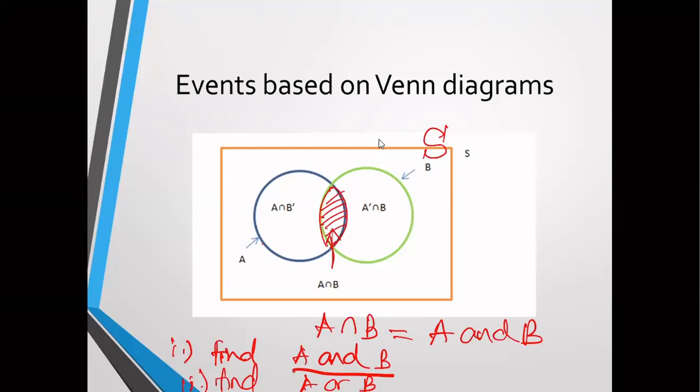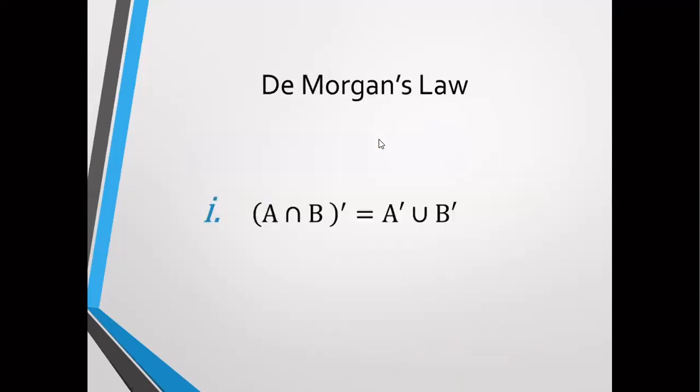A and B means A intersection B. A intersection B is called A and B. A or B means A union B. Understand? A union B.